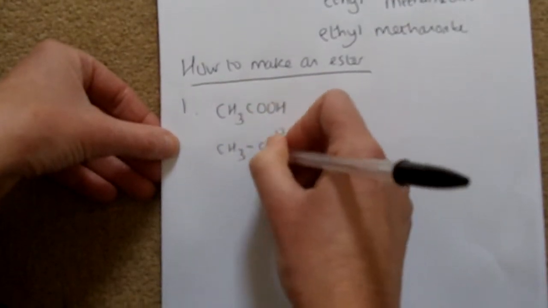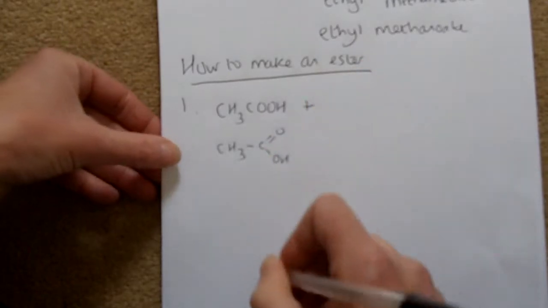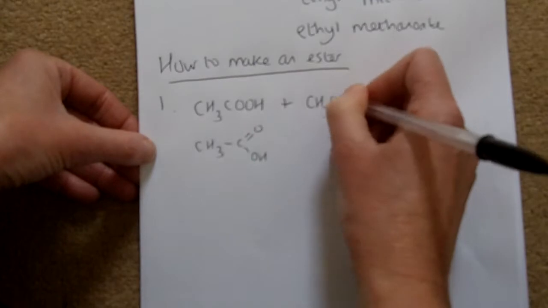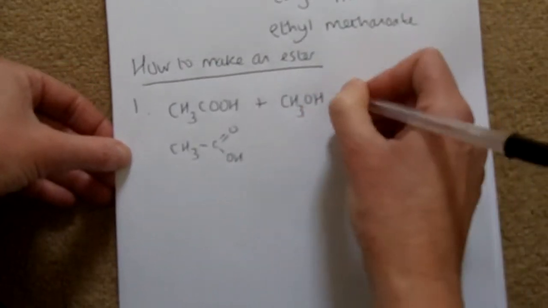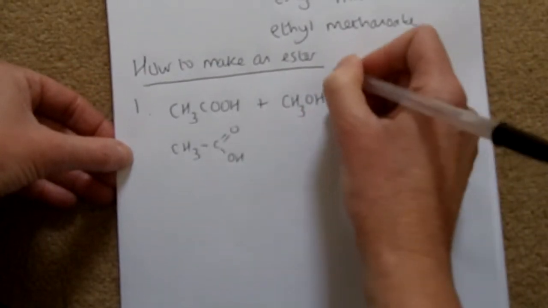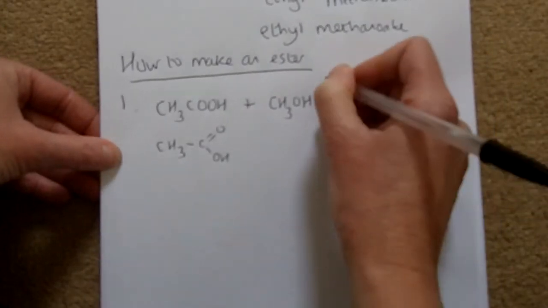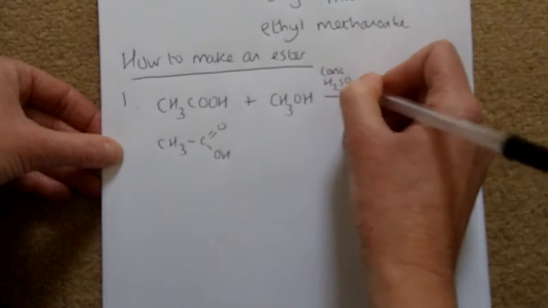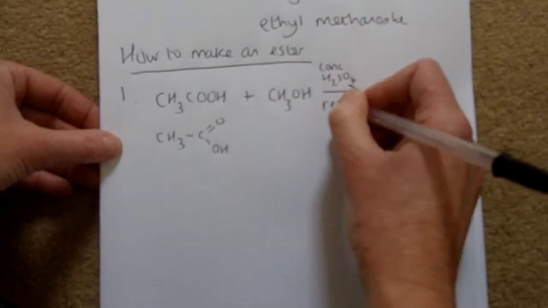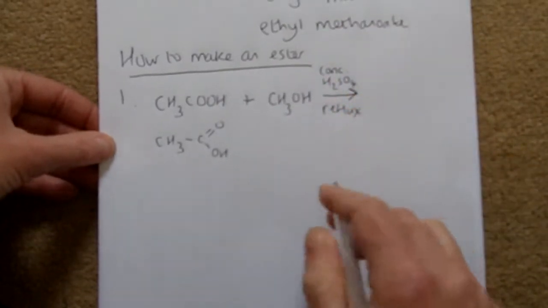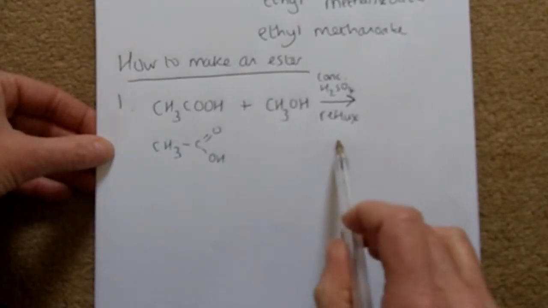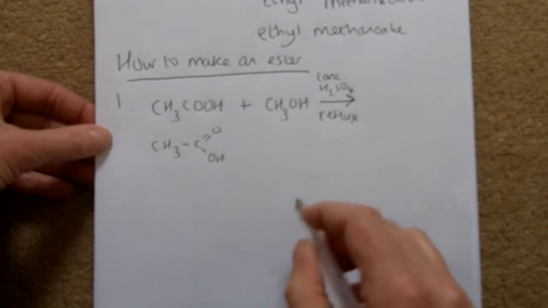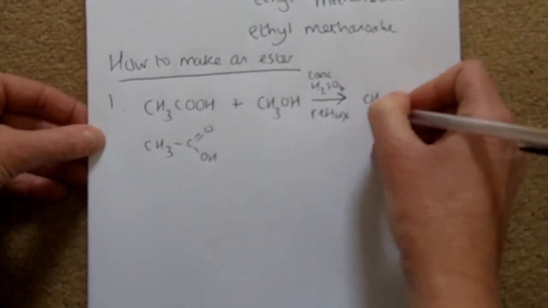If you take a carboxylic acid and an alcohol, for example methanol, and you have a catalyst, concentrated sulfuric acid, and you reflux, continually evaporation and condensation, then you can make an ester.